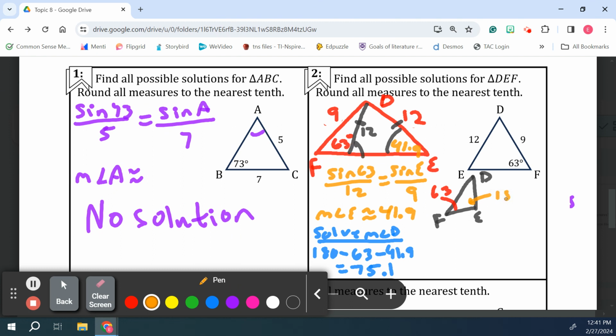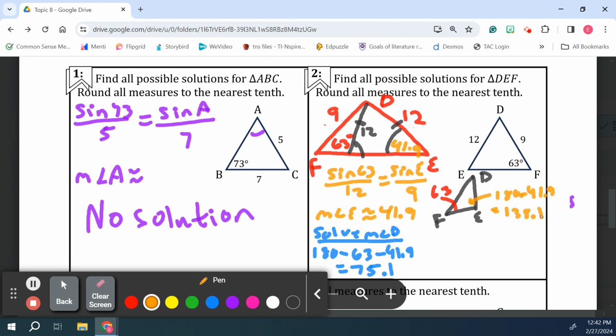We're going to take 180 minus the 41.9. This gives us about what? That leaves us with 138.1.